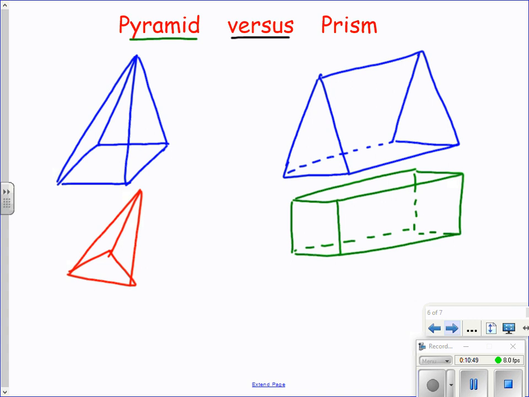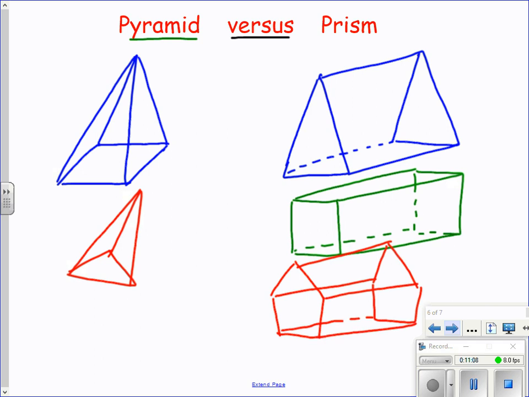You could have a pentagonal prism if it was a pentagon in the front, and a pentagon in the back. It's not very pretty, but you get the point: a prism stays the same shape throughout. So, not overly difficult.